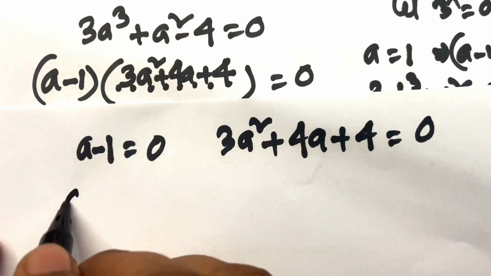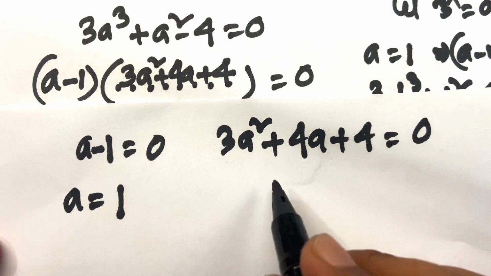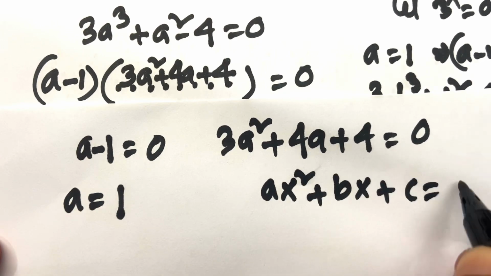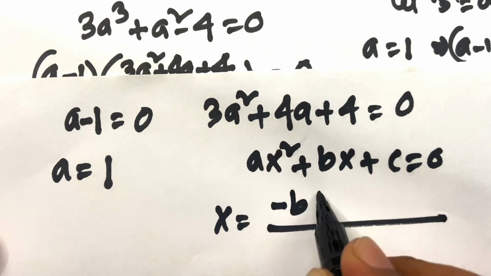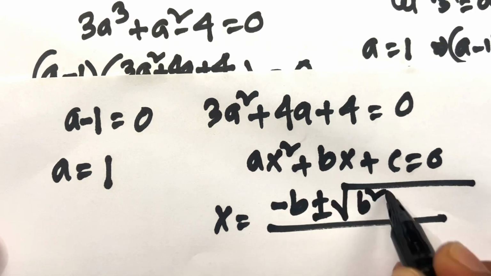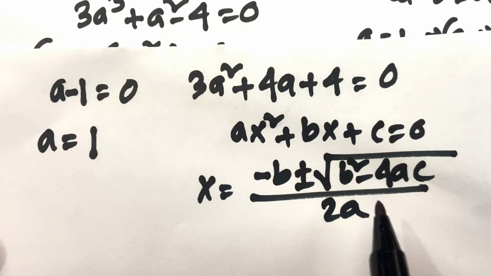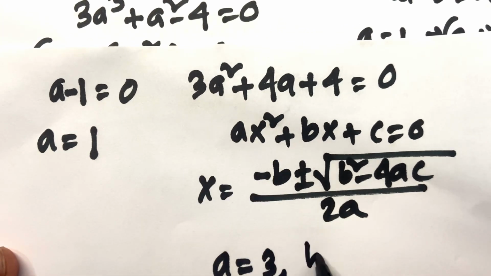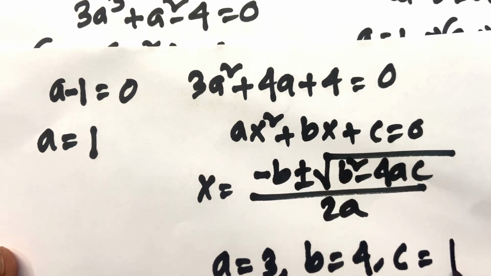Now a is equal to 1, and the other is a quadratic equation. We know that for ax squared plus bx plus c equal to 0, x is equal to minus b plus or minus square root of b squared minus 4ac, over 2a. If I compare this equation, I can say a is equal to 3, b is equal to 4, and c is equal to 4.